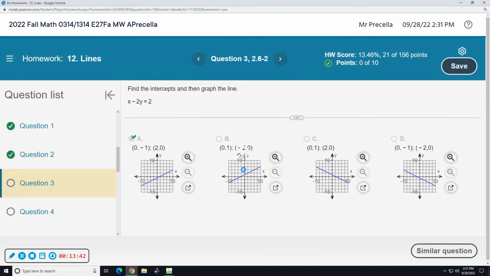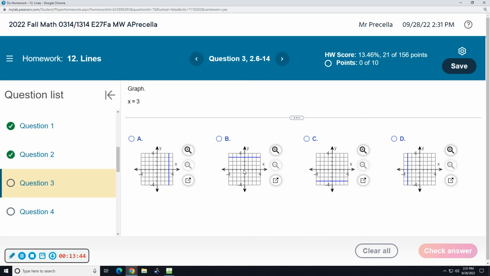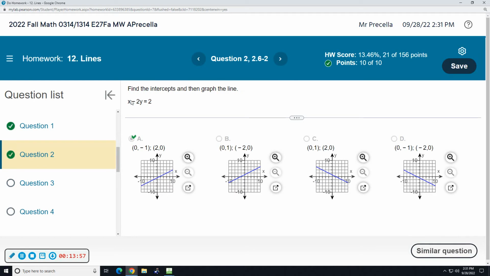Number 3. How does problem 3 differ from problem number 2? Well, there's only one variable. If there are x's and y's, you're going to have a slanted line.